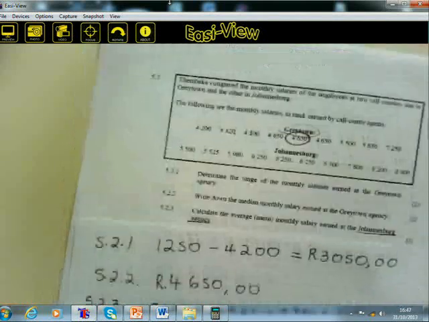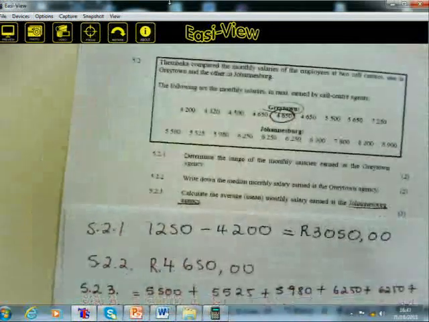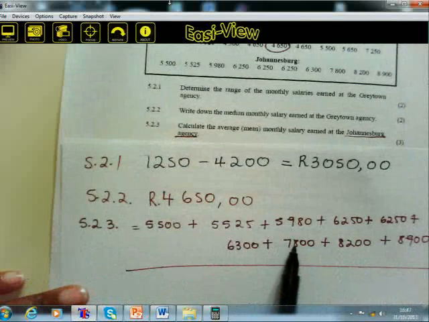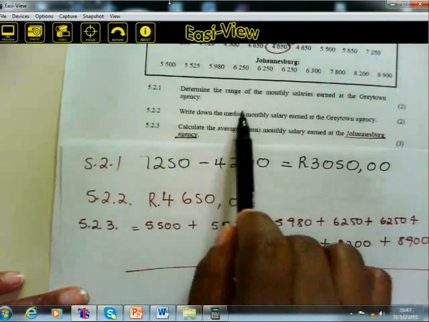How many numbers do we have? I'm not going to count mine, because it might happen that I left out some other number there.